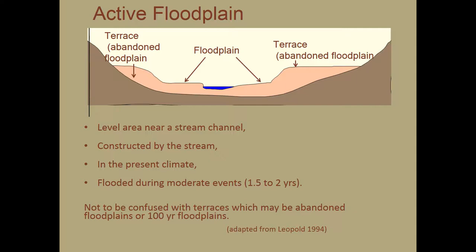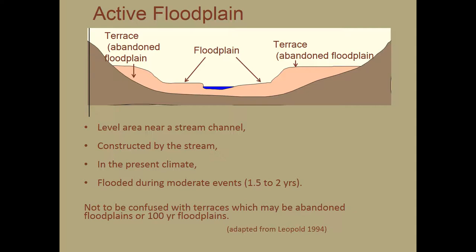Because floodplain is such an important factor in understanding riparian areas, we will need a firm understanding of what it is. This definition is from Leopold, 1994. He described it as a level area near a stream channel, constructed by the stream, in the present climate, flooded during moderate and high flow events.